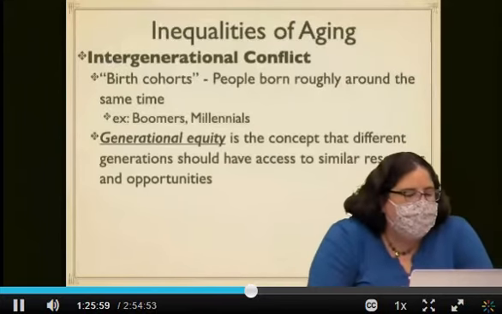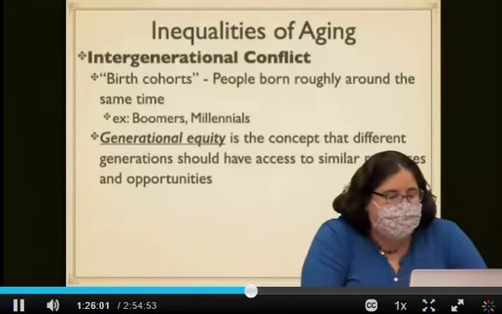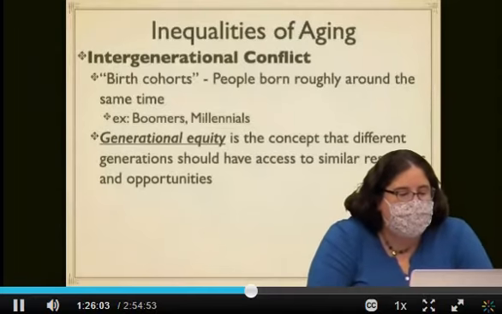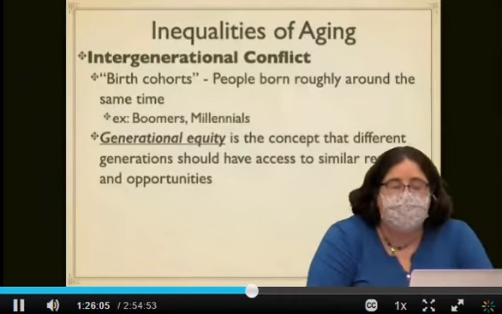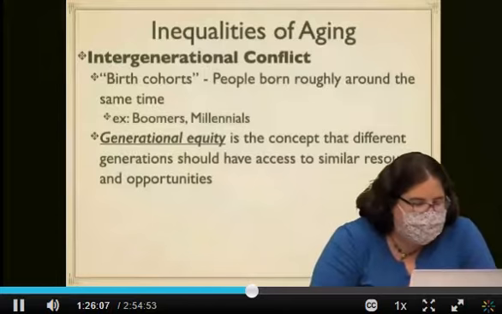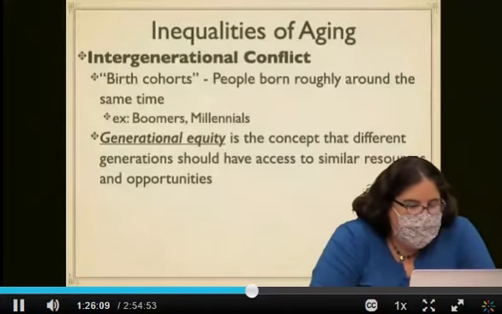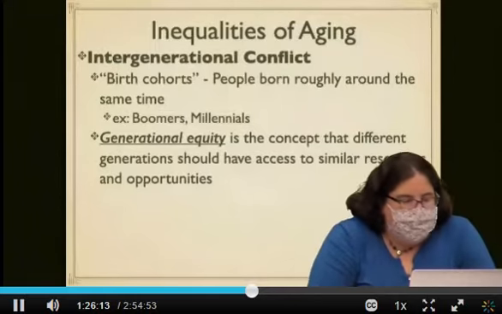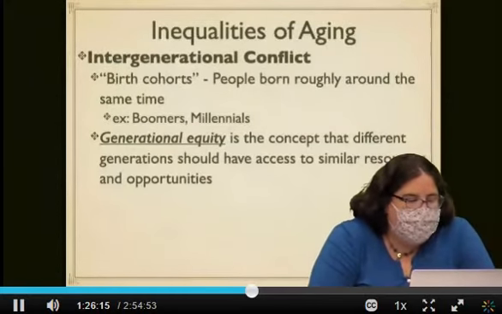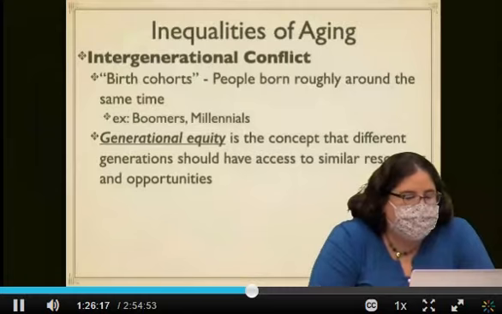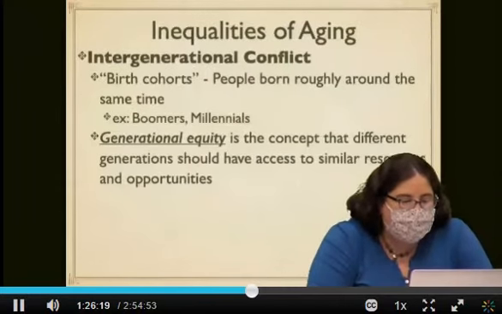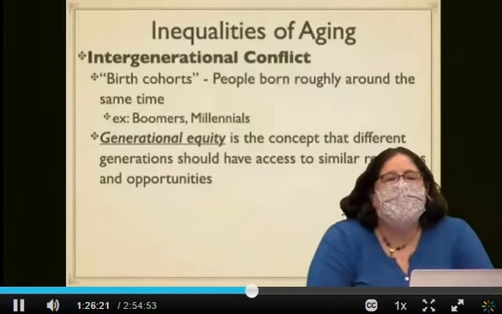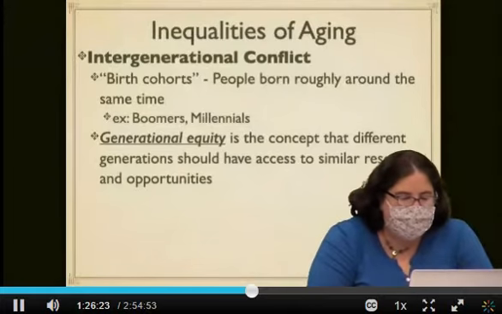And so generational equity is the concept that different generations should have access to similar resources and opportunities in society. It's equity here, not equality. Generational equity, the concept that different generations should have access to similar resources and opportunities, not identical resources and opportunities.